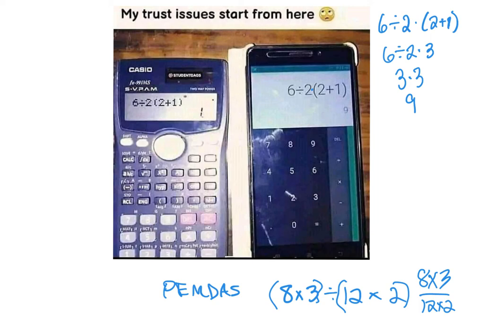And the Casio computer calculator on the left has just been programmed to think of this differently, and depending on what the intention of the problem is, it may have been programmed more correctly, because the one on the left is doing the problem 6 divided by 2 times 2 plus 1, where the 2 times 2 plus 1 is all together as a single division problem.